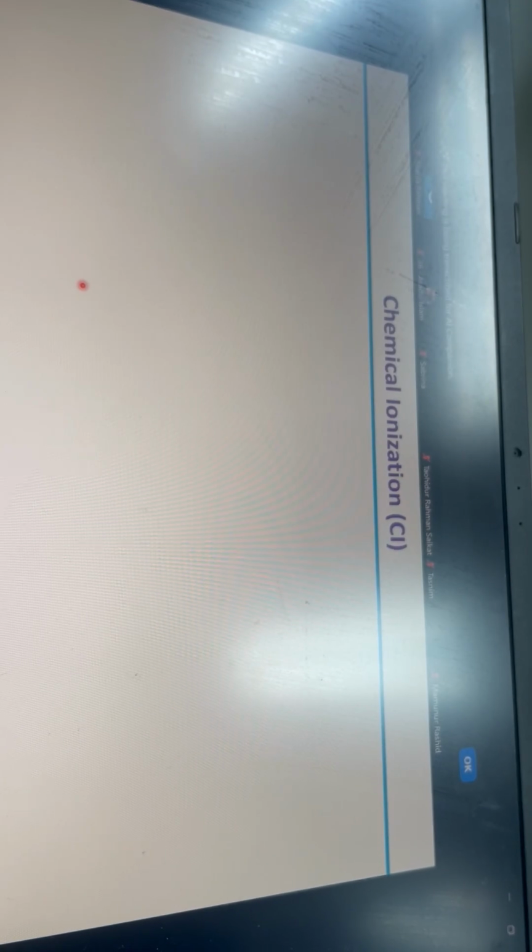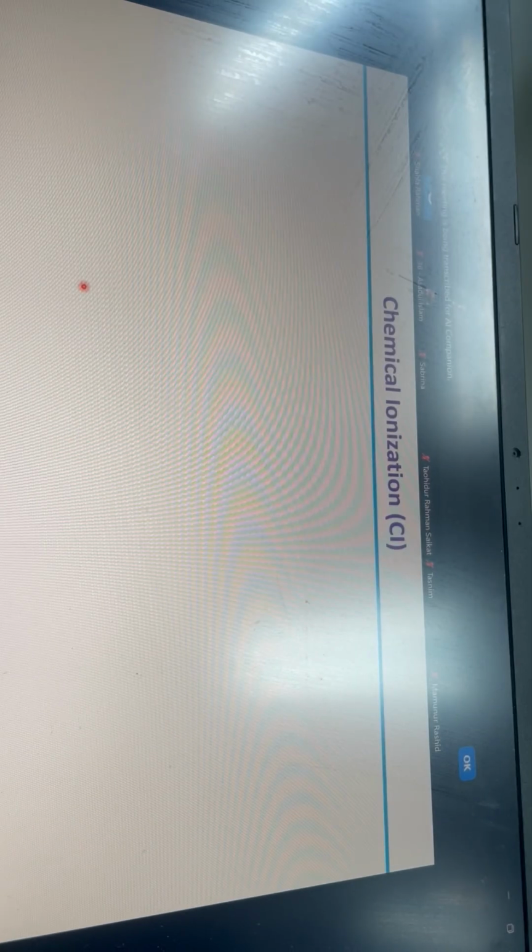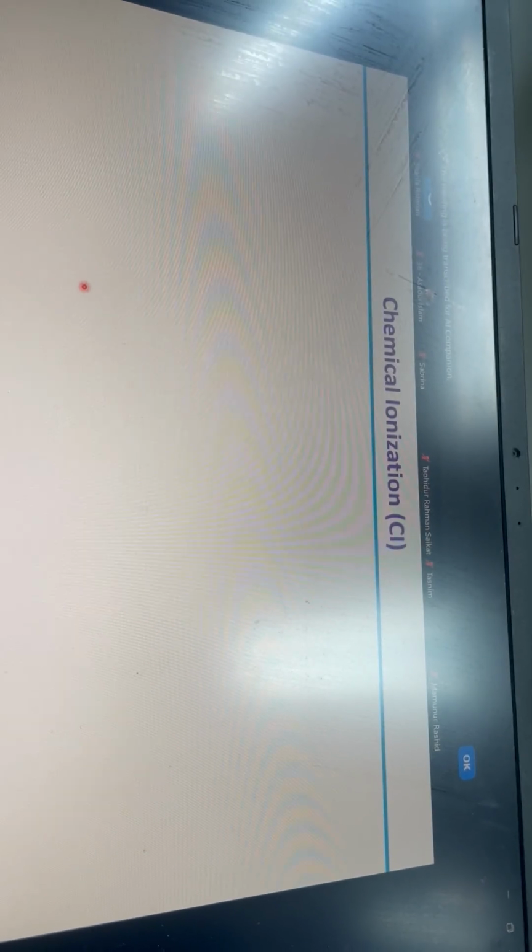So after the invention of electron ionization, the problem with electron ionization is that you use 70 electron volts of energy, which is very high energy for an electron, and then you see the molecular ion peak, but very small. You mostly see fragments.